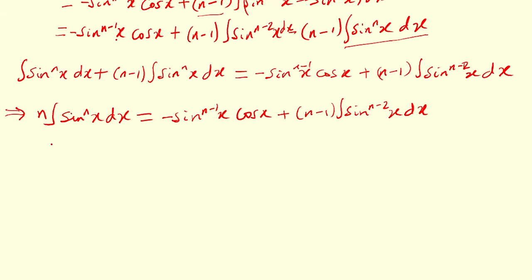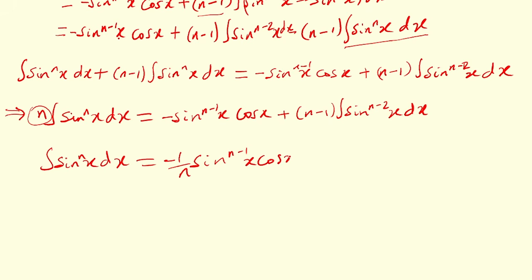Then divide both sides by n. Then the integral of sine raised to n x dx is equal to minus 1 over n sine raised to n minus 1 x cos x plus n minus 1 over n times the integral of sine raised to n minus 2 x dx.